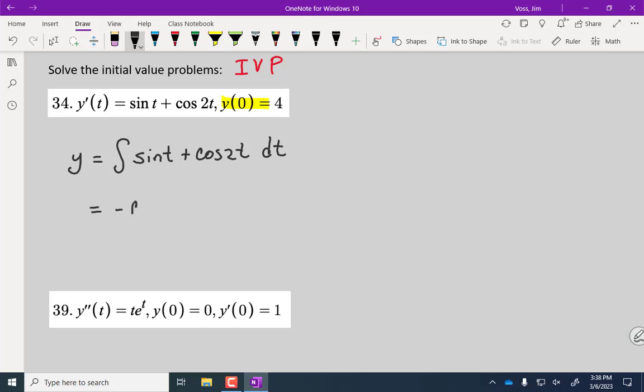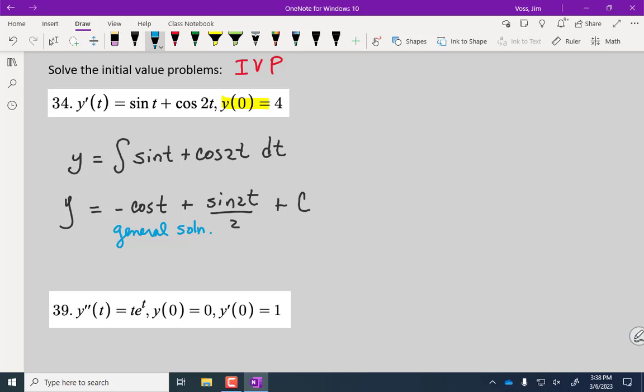And so when we integrate here, this will be our general solution. That's our general.